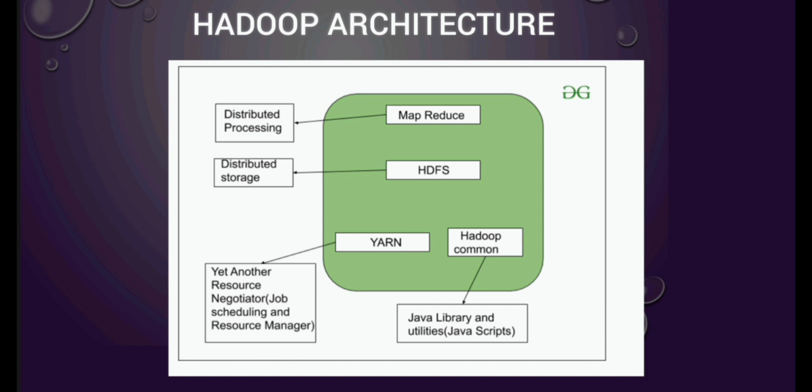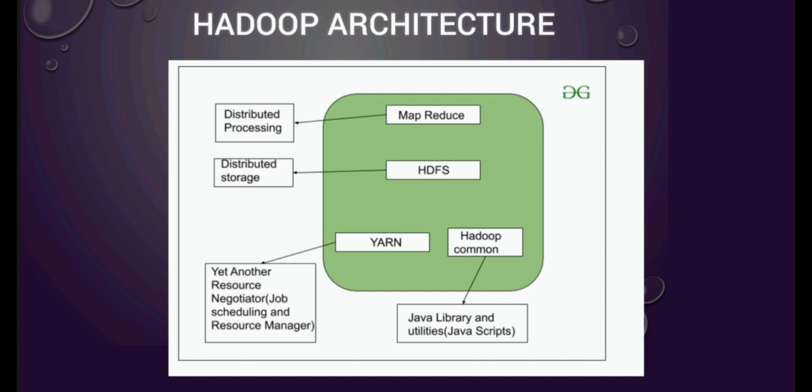Reduce. The main function or task of the reduce is to gather the tuples generated from map and then perform some sorting or aggregation sort of process on those key values depending on the key element.